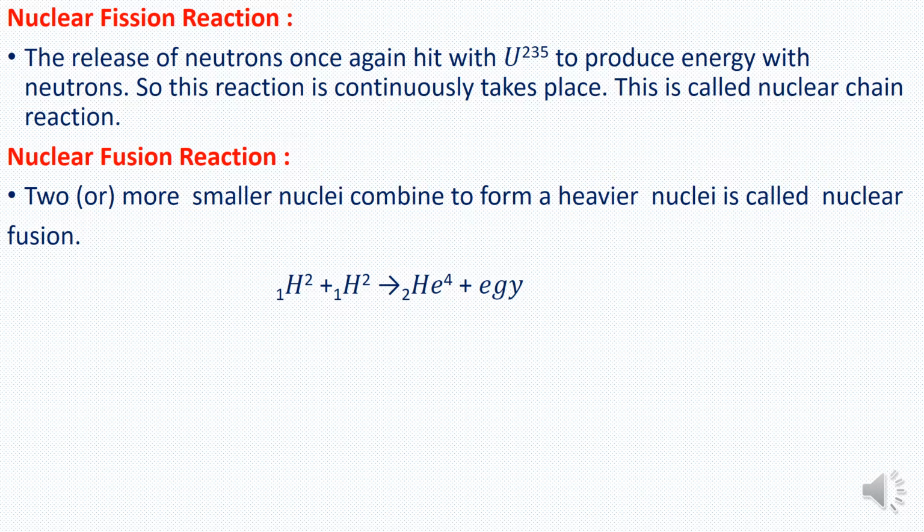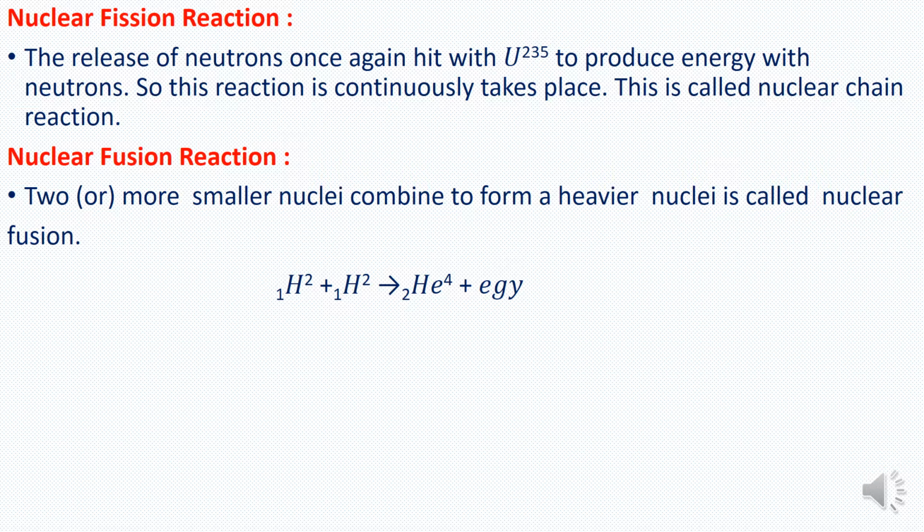For example, uranium-235 is bombarded with one neutron and splits into barium and krypton plus 3 neutrons. The released neutrons once again hit uranium-235 to produce energy with more neutrons. So this reaction continuously takes place. This is called nuclear chain reaction.